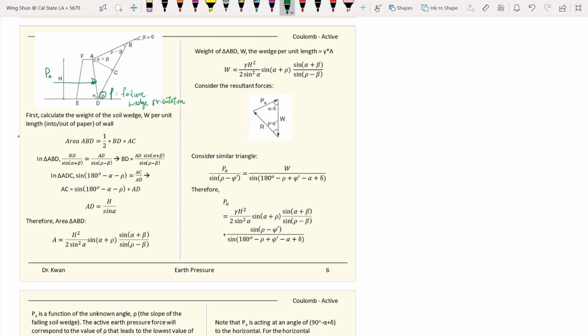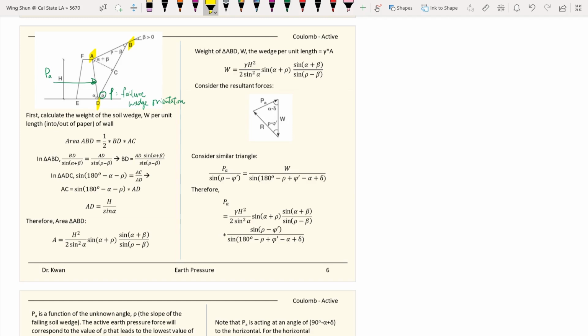So for us to solve this problem, we need to define this failure wedge orientation, or we need to find a way to search for the orientation that gives you the most likely failure conditions. Anyways, we will get there. But that defines the failure wedge, which is the triangle A, B, and D right there. So first of all, is to calculate the weight of the soil wedge.